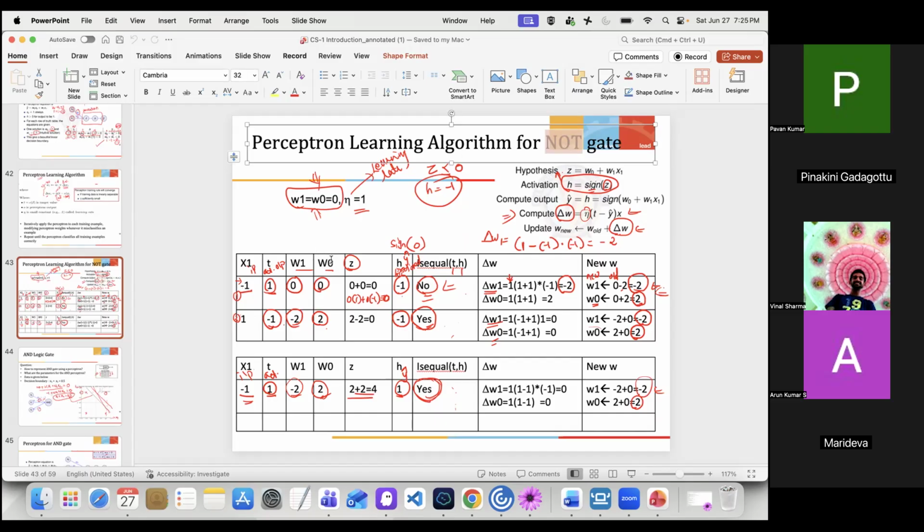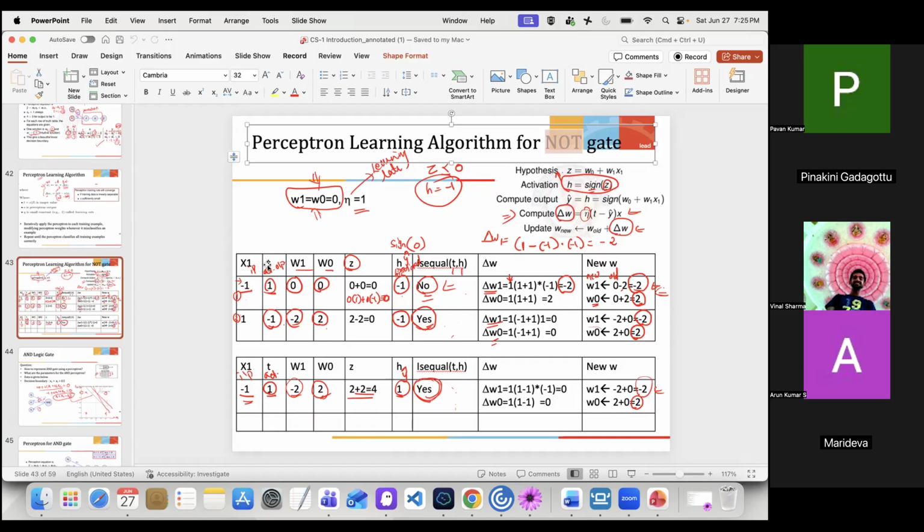W0 is your bias. Now, x1 is the only input you have. W1 is your weight for the input because you have only one input. Now, when you input -1, you should get 1 as the output.